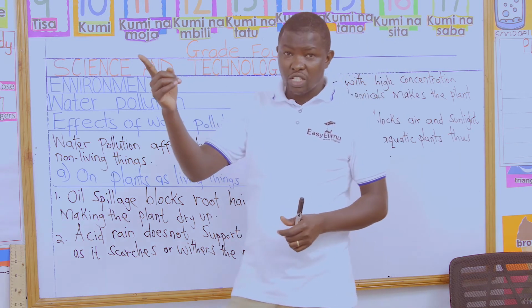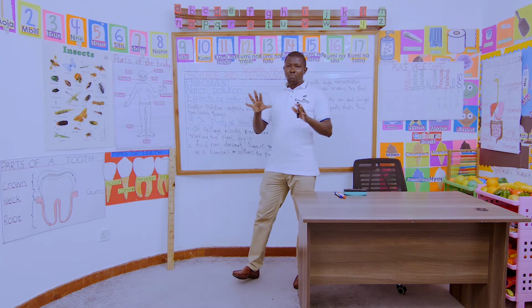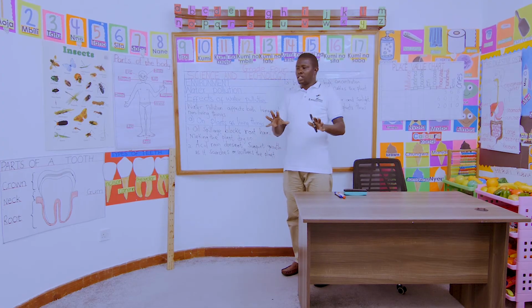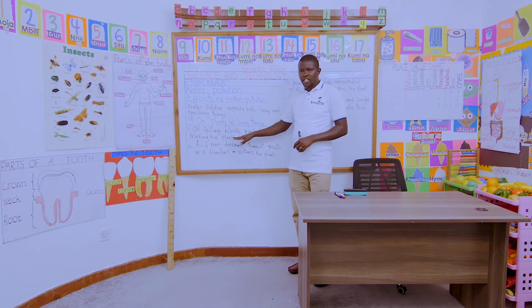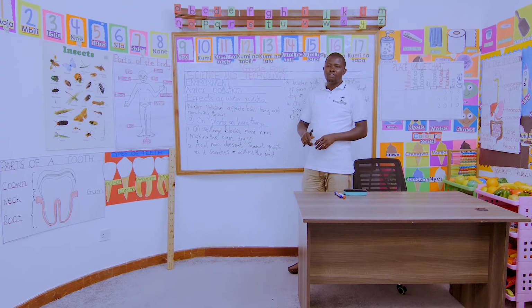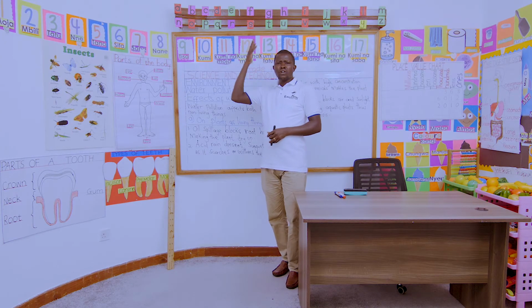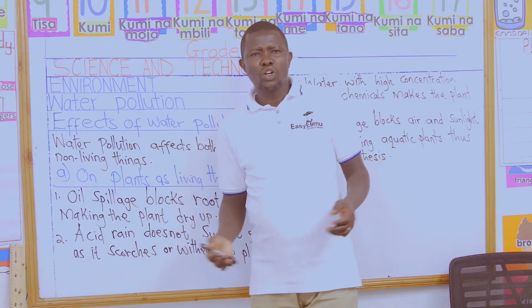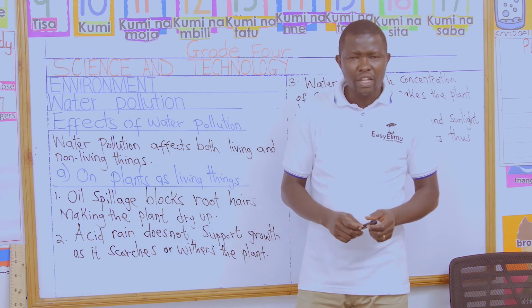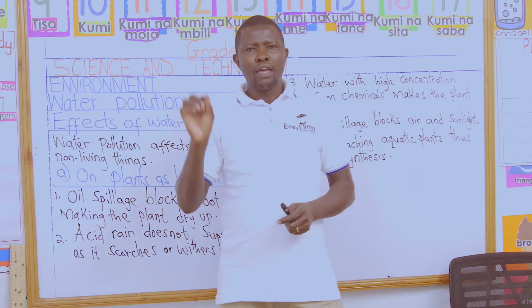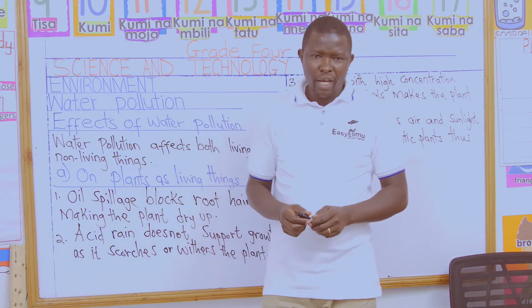Remember the ship that we had seen in the picture, pouring oil spillage? It has resulted in drying up of the plant. In our previous lesson on air pollution, we learned of the acidic rainfall, which was caused by the emission of sulfur dioxide by industries.